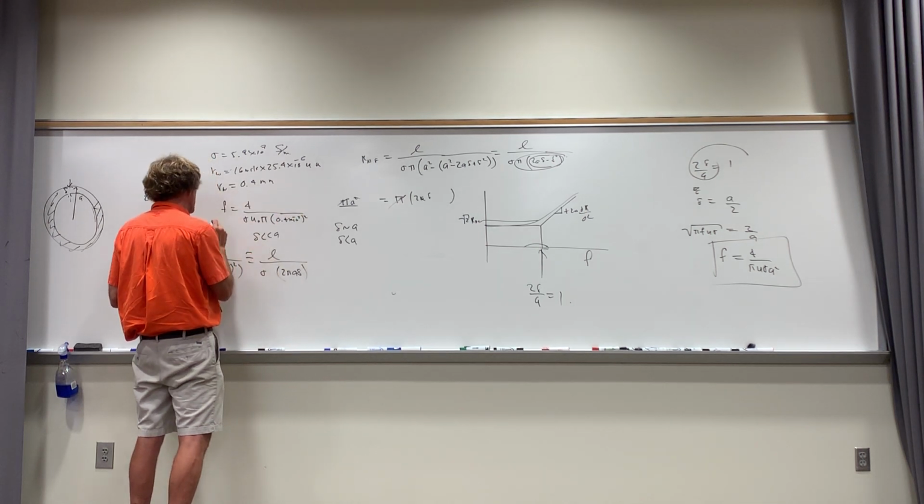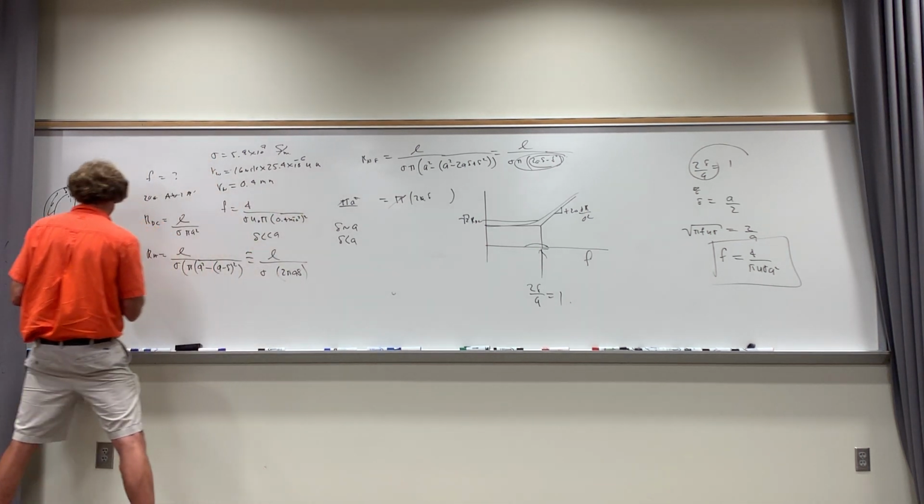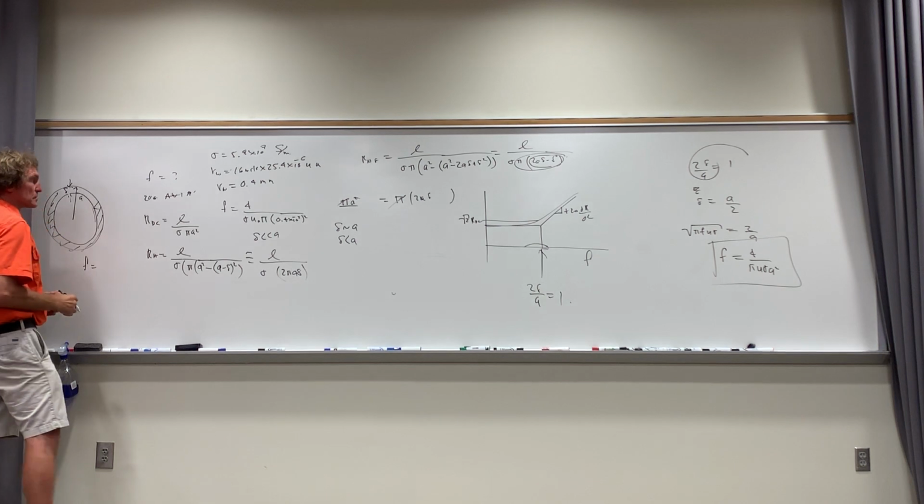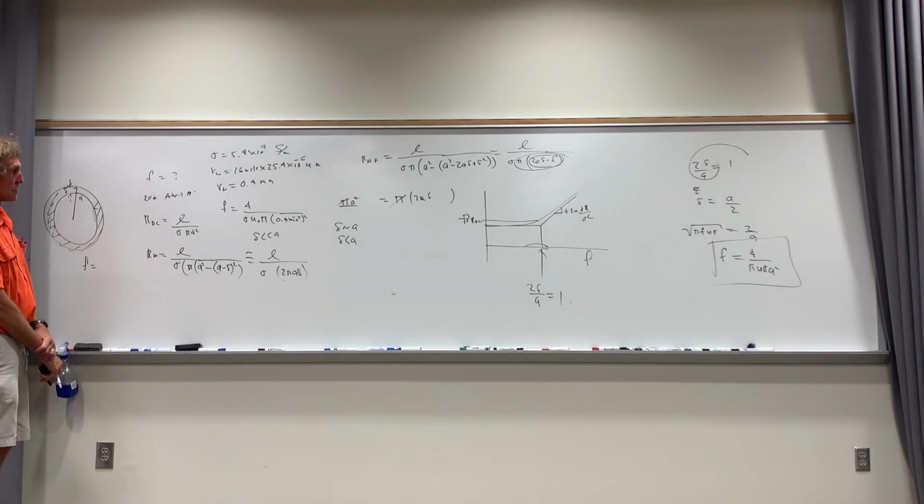And what is the frequency, by the way? I got 109 kilohertz. So 4 over sigma mu naught pi 0.4 times 10 to the minus third squared.